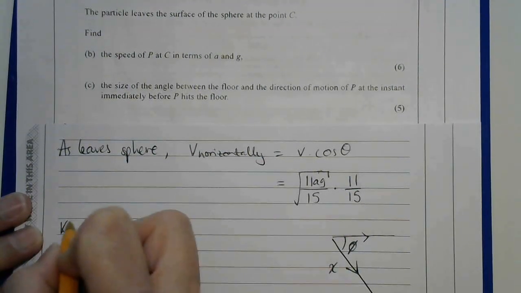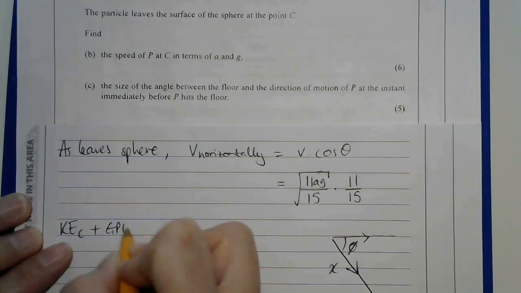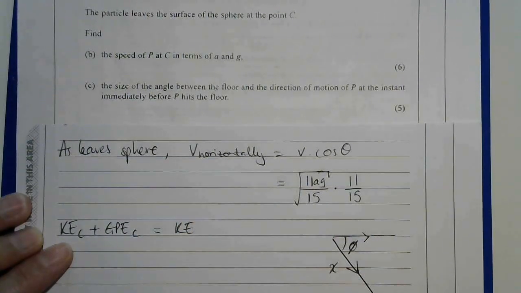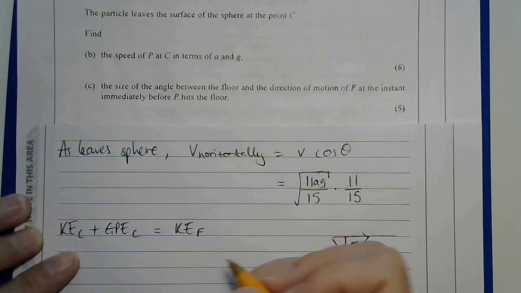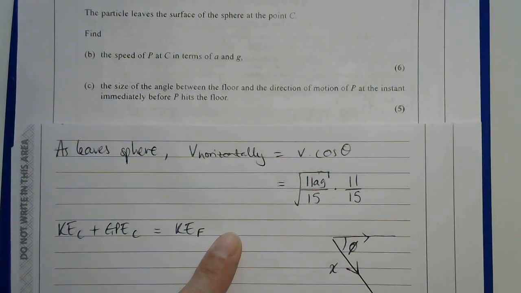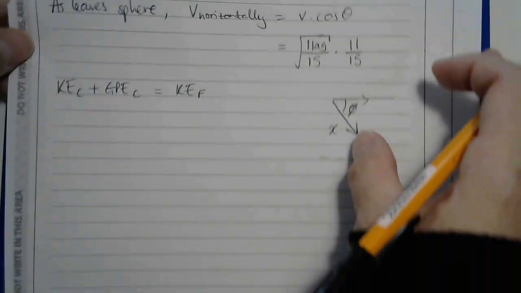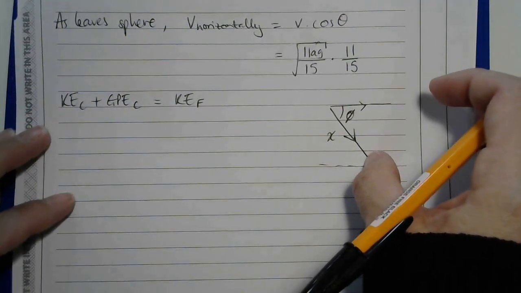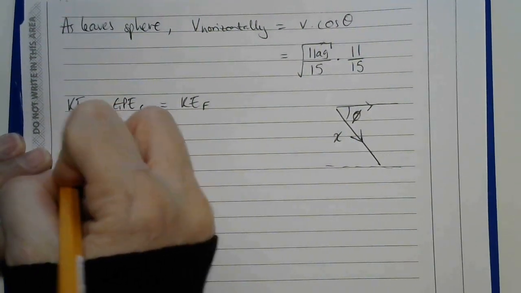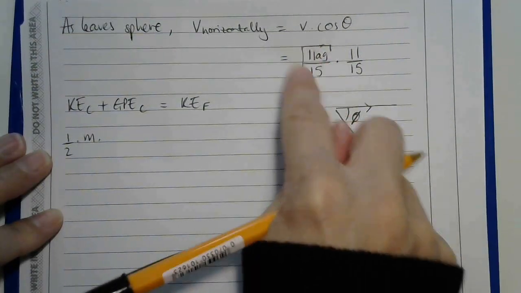Using energy, I know that the kinetic energy at C plus the gravitational potential energy at C will equal the kinetic energy as it hits the floor. Let's call that F, floor. This time I'll take the floor to have no gravitational potential energy. The kinetic energy at C was half times the mass times the velocity squared, and we found at C that this was the velocity.